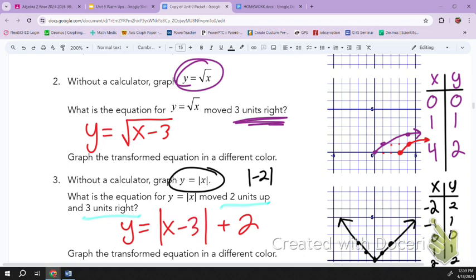Okay, and then we're going to shift it: up 2, and 1, 2, 3. Questions about parent graphs?